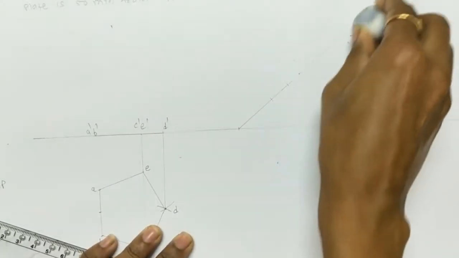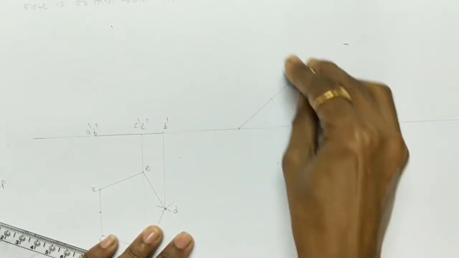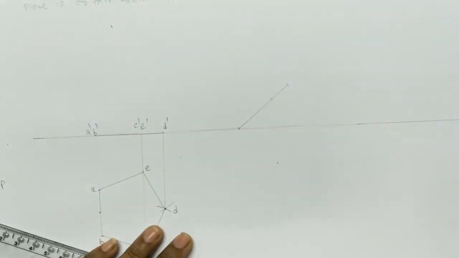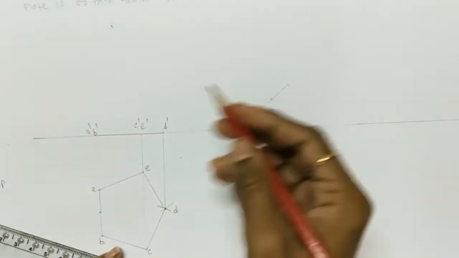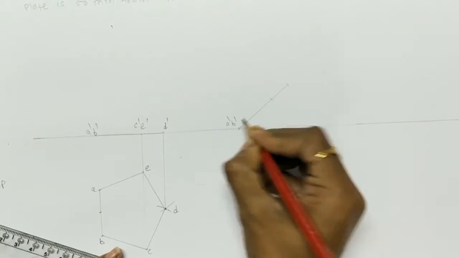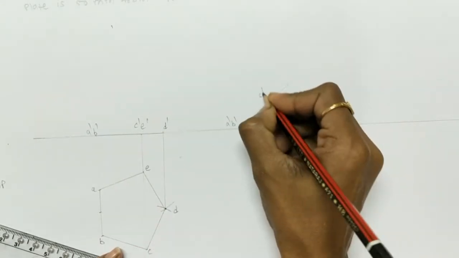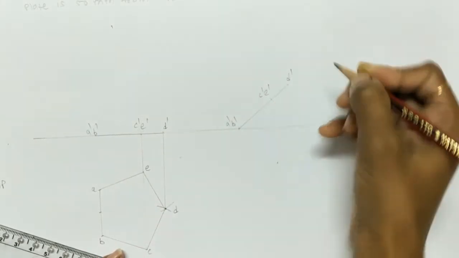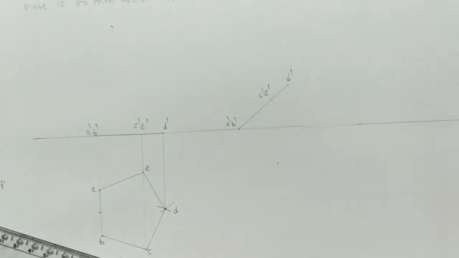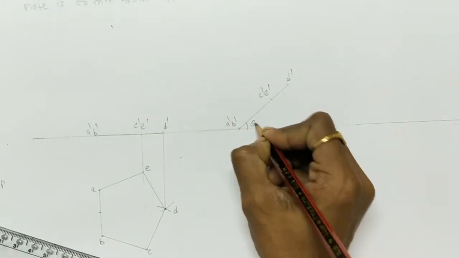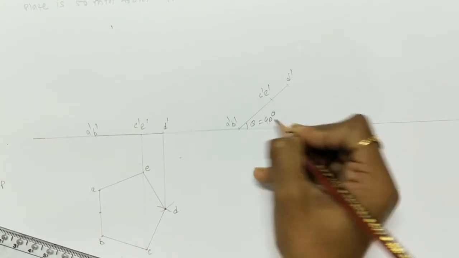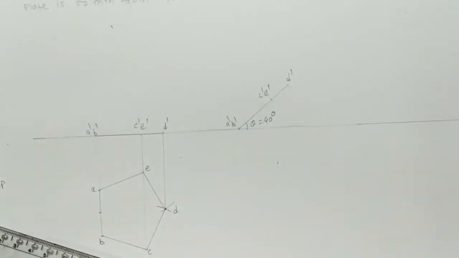Now I will rub the extra line and give names to these points as A dash, B dash, then C dash, E dash and then D dash. This is angle theta equals 40 degrees.